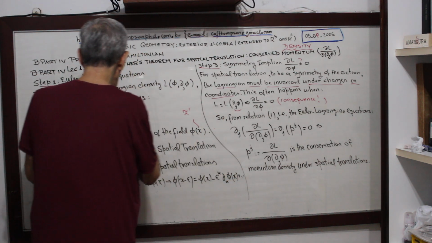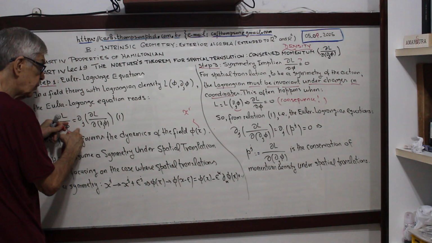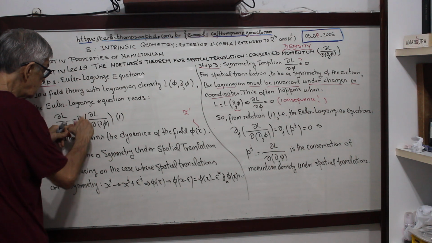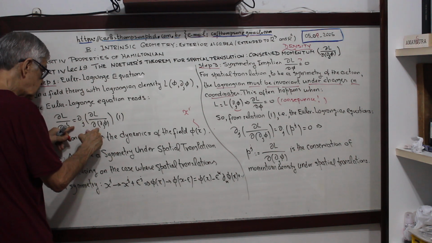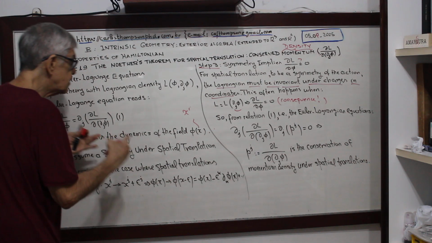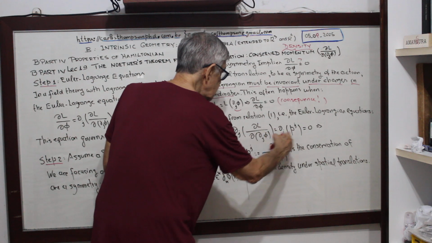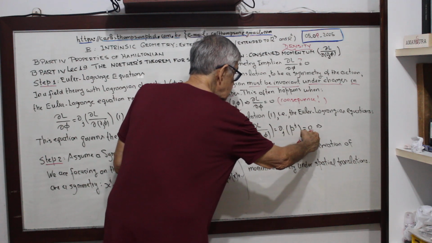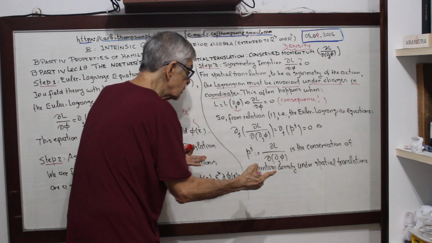Then from relation 1, I set this equal to 0, then the divergence of this term over here will be 0. I call this P_j. So this is equal to 0, which implies that this will be constant.